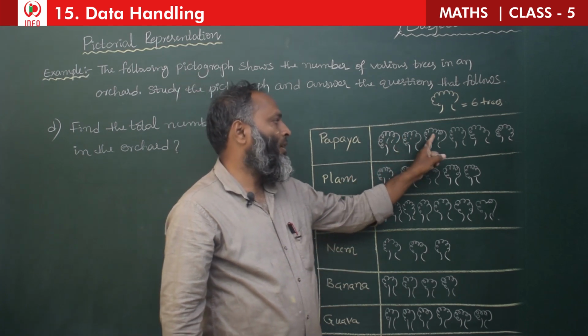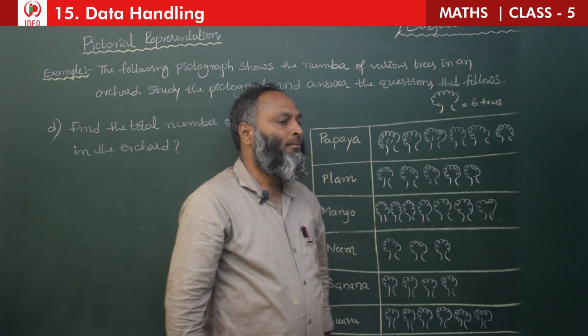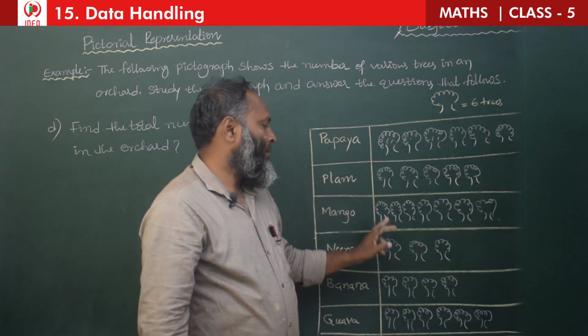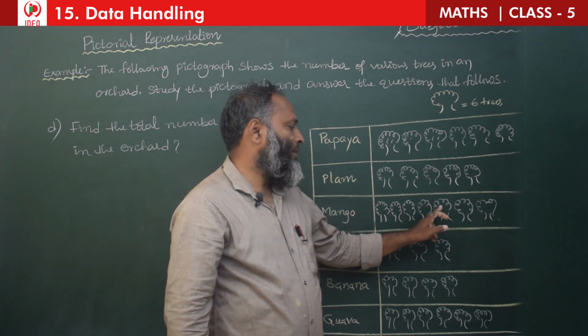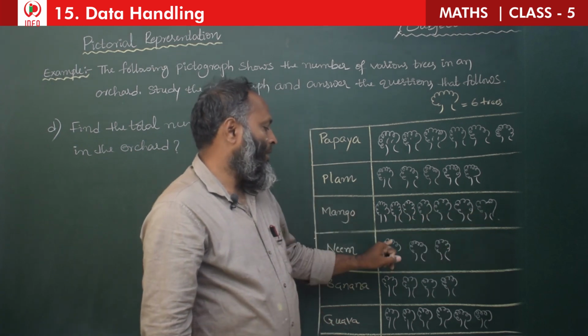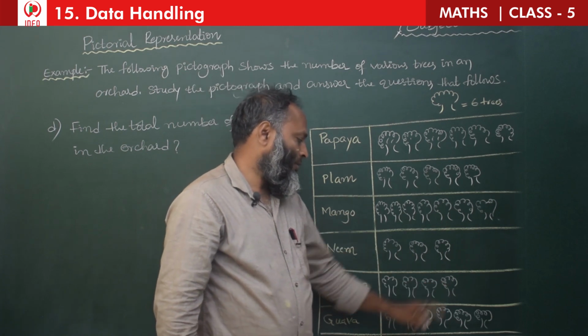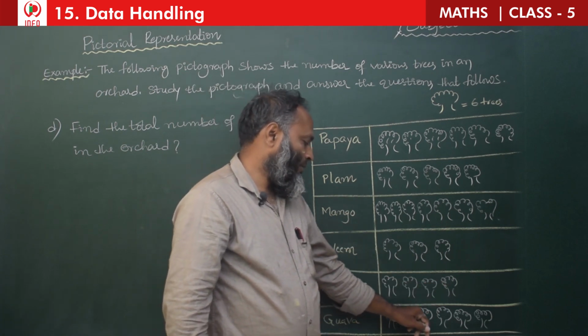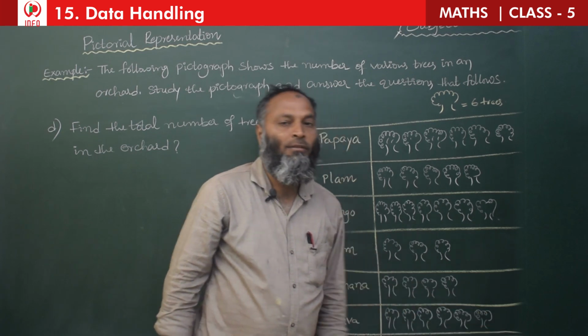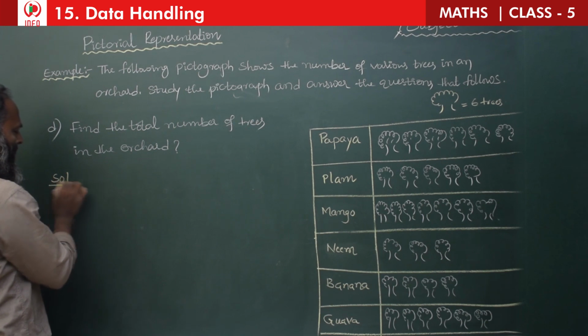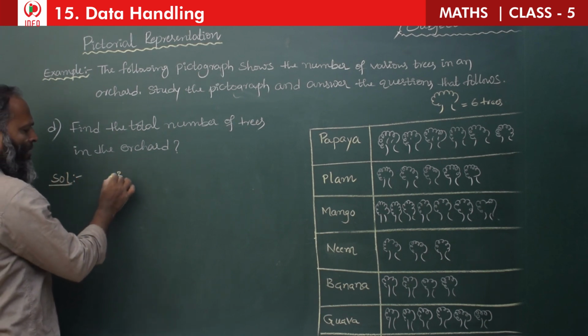1, 2, 3, 4, 5, 6, 7, 8, 9, 10, 11, 12, 13, 14, 15, 16, 17, 18, 19, 20, 21, 22, 23, 24, 25, 26, 27, 28, 29, 30, 31, total 31. So total 31 trees are there in the picture.